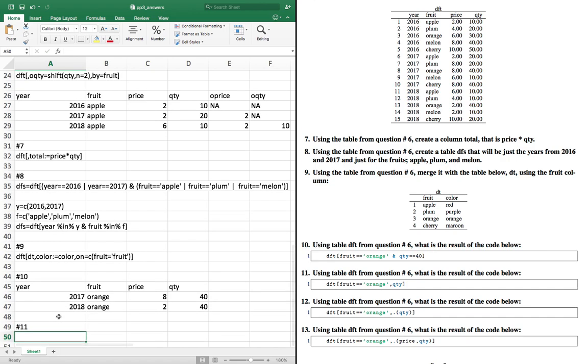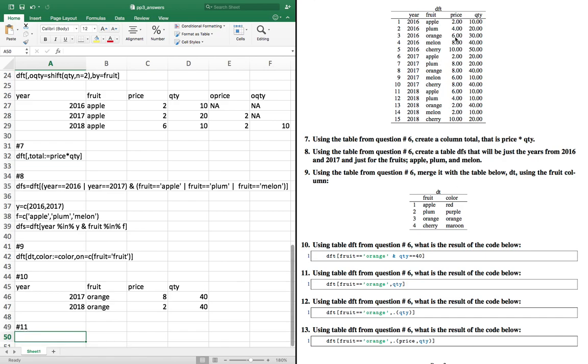Number 11, using the table from DFT again. What is the result of the code below? Again, we're filtering for orange, and I want all the orange rows, but now look what I'm doing, guys. I have this comma here. I'm now saying, just give me one column, the quantity column. Sounds fair enough.